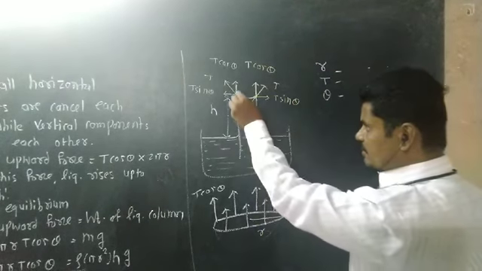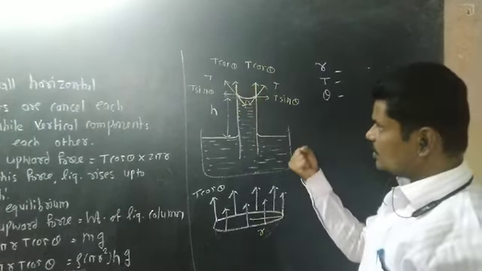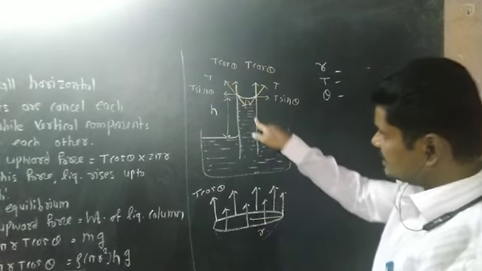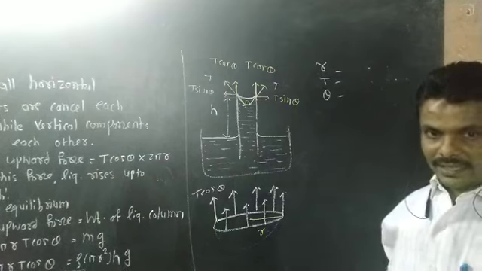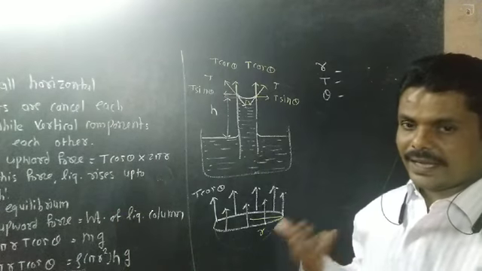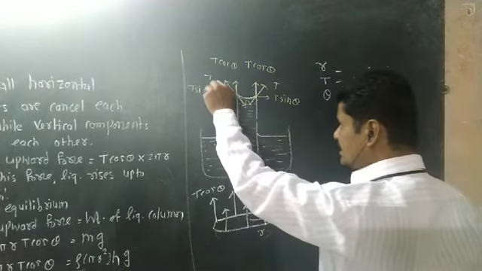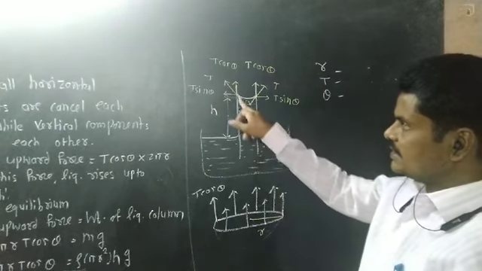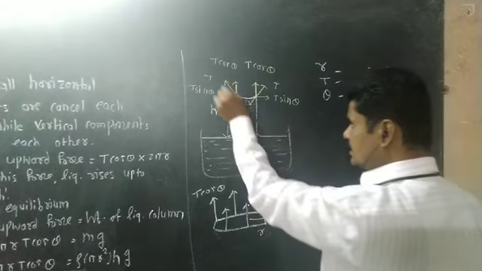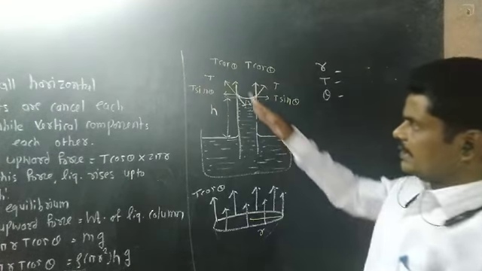This surface tension force pulls this glass molecule in this direction, but the glass molecules are rigid, so they exert an equal and opposite reaction force. So this is the reaction force, and according to Newton's third law, action is equal to reaction. Therefore this is again equal to T.